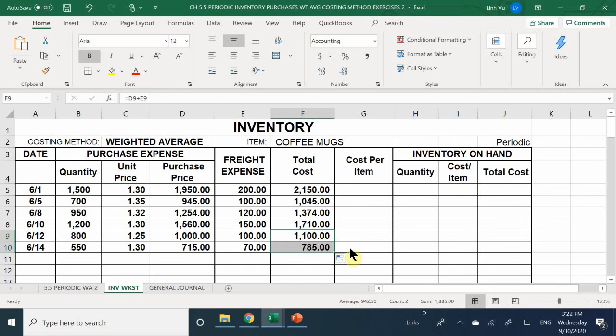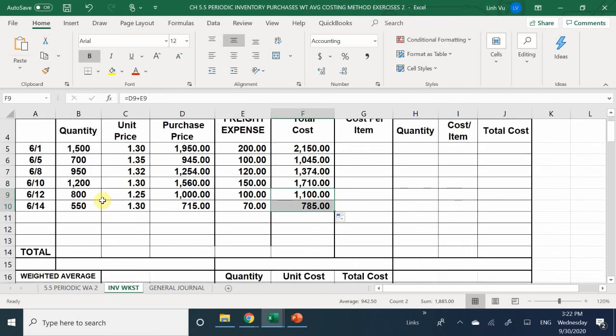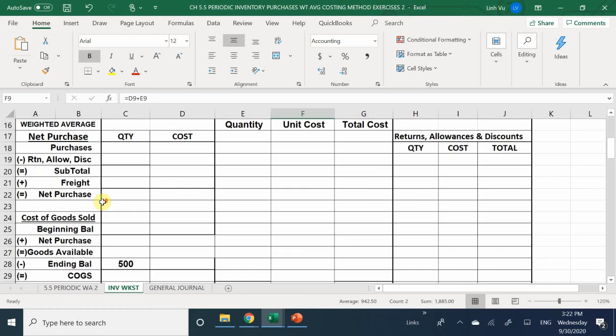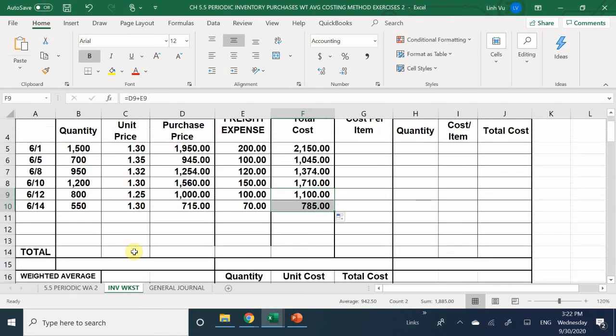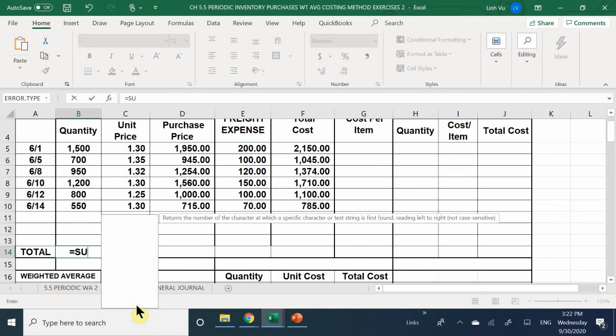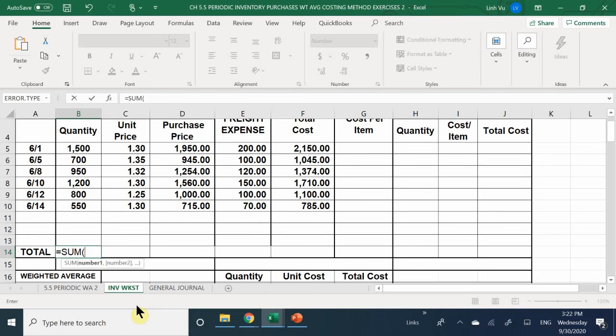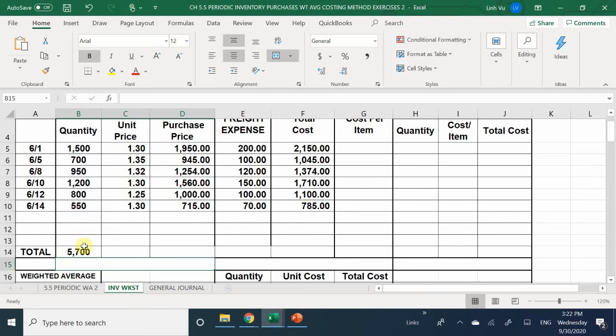Good. Now that we reached the end of our scenario on June 15th, I have a total of 500 items left in inventory. So let's go ahead and total up our columns. What do you get for your total amount of quantity? 5,700. Good. And what's my total purchase price? Still calculating that one.